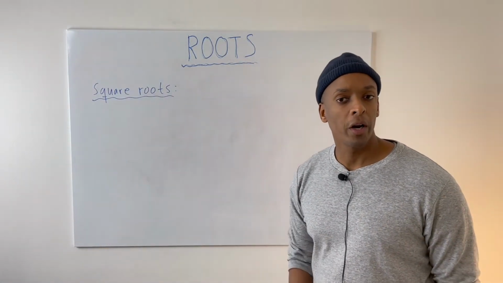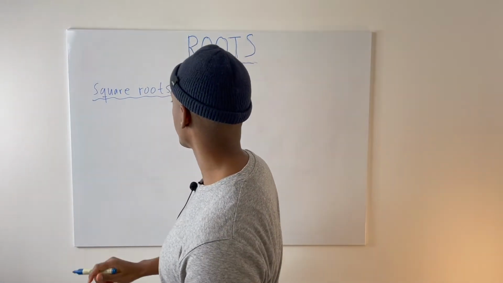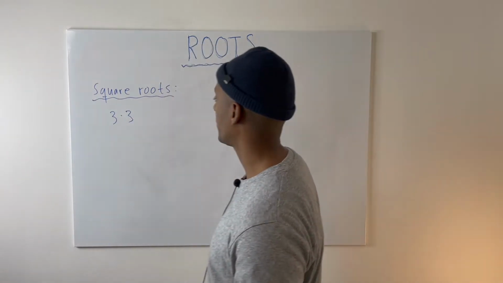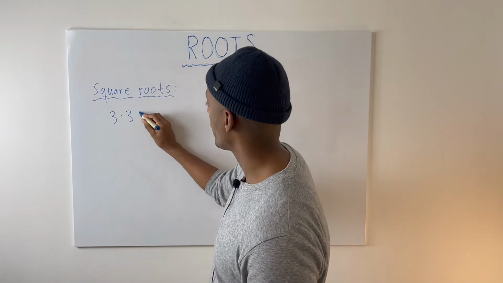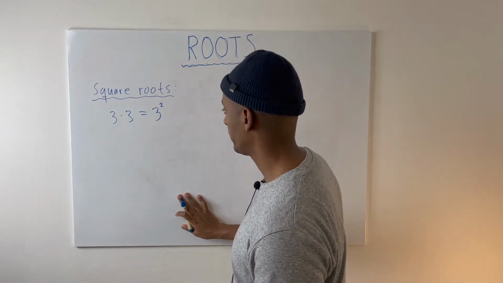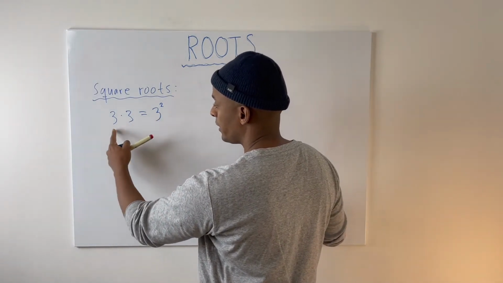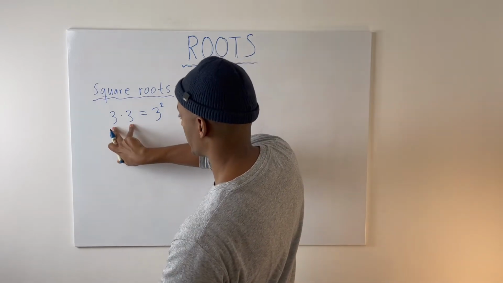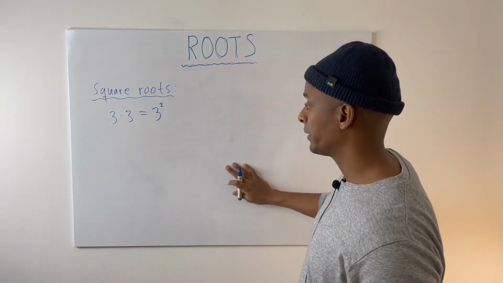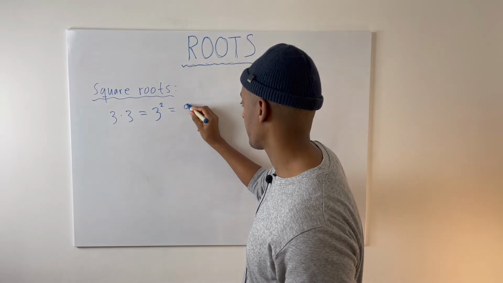So let's talk about square roots and let's see how they work. Let's say, for example, we take 3 times 3. That we write as 3 squared, right? Why do we write squared? Because we multiplied 3 with itself 2 times. So there are 2 3's here, that's why we write a 2 here. And this is equal to 9, of course.